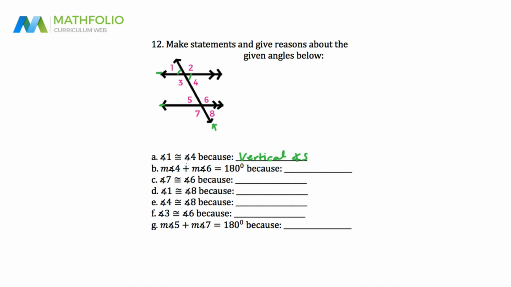Next, measurement of angle 4, which is right here, and the measurement of angle 6, right here, is 180 degrees because they are same side interior angles. So that's our reason.